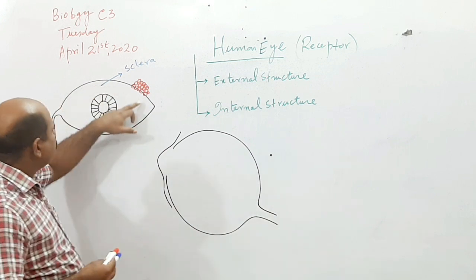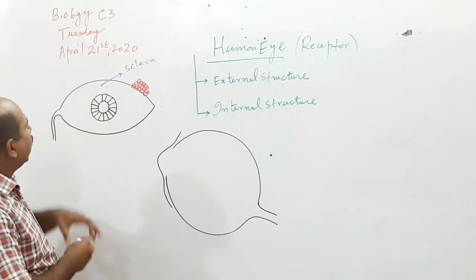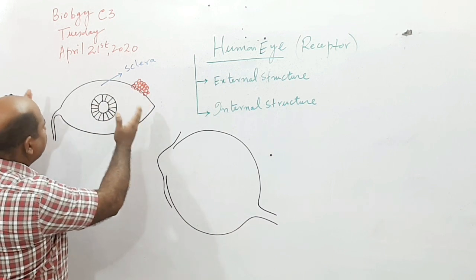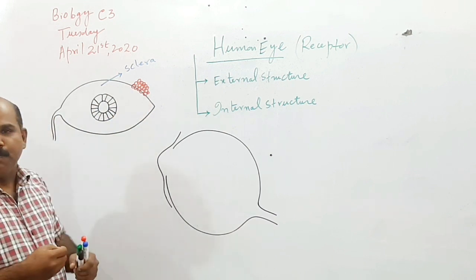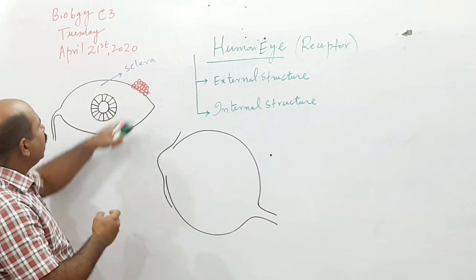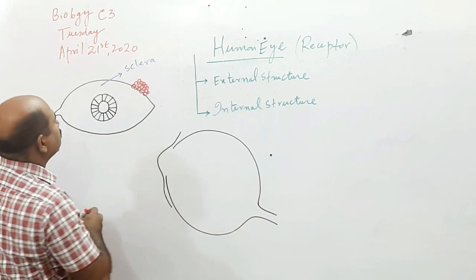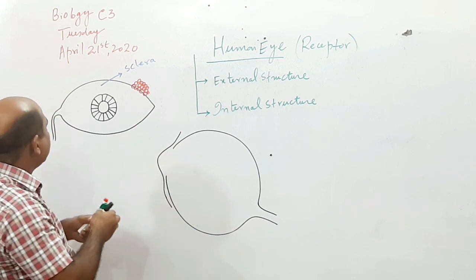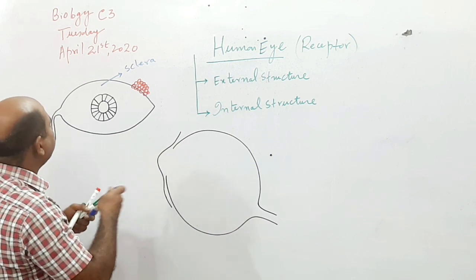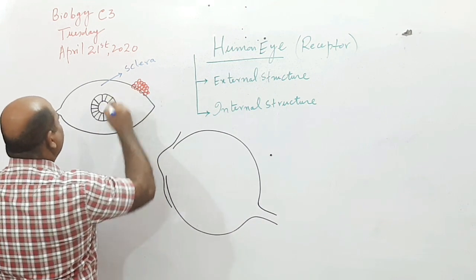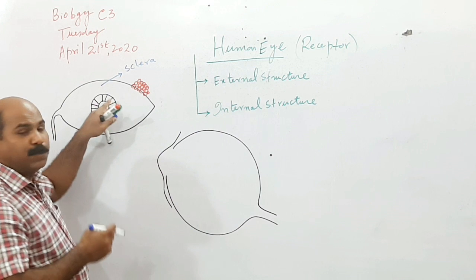This is the external structure of the eye, which is normally visible. Whenever we see this, it's this white portion you might have seen, very clearly. This is called sclera. And then comes another one, which is usually black. It's not necessary that it should always be black.